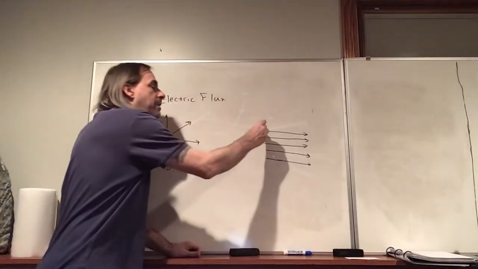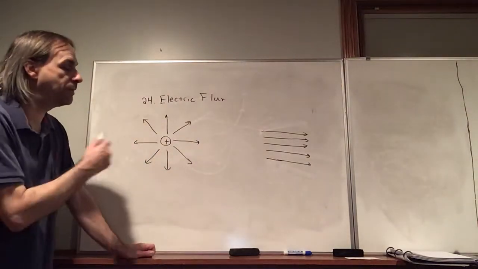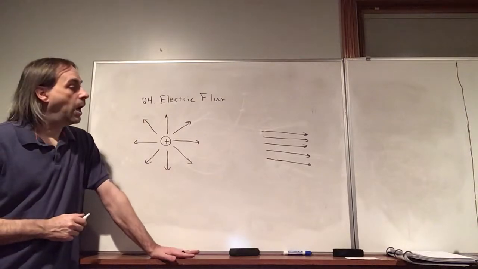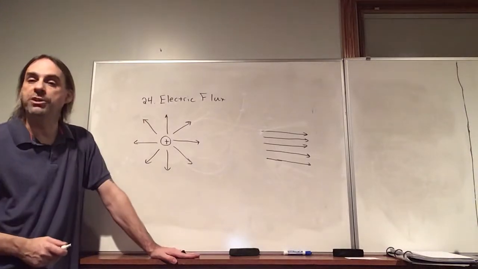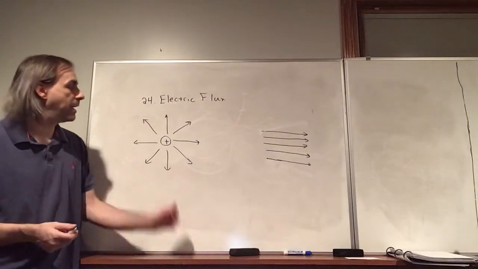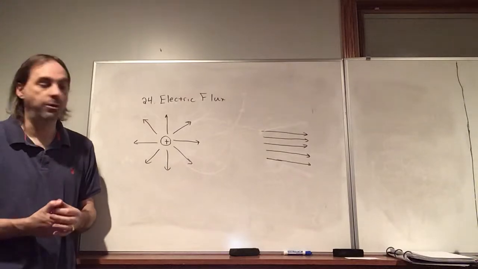There are other ways of creating a sequence of parallel electric field lines, but for now, we're just going to go with this. Just say we're far away from a point charge. We're doing this because it's actually easier than considering these electric field lines that are going in various directions.